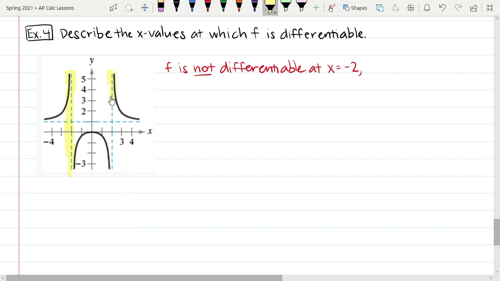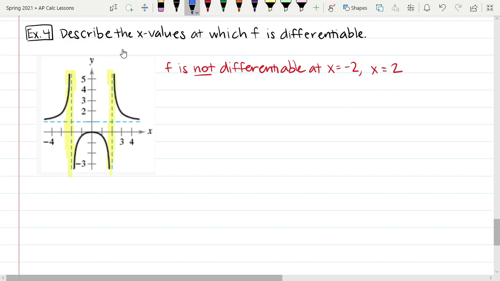Same story here at +2. We've got another discontinuity there. So we also know that f is not differentiable at x equals +2. Okay, we don't have any other discontinuities. We don't have any corner points or cusps, and we don't have any vertical tangent lines. So these are the only 2 places where f is not differentiable.